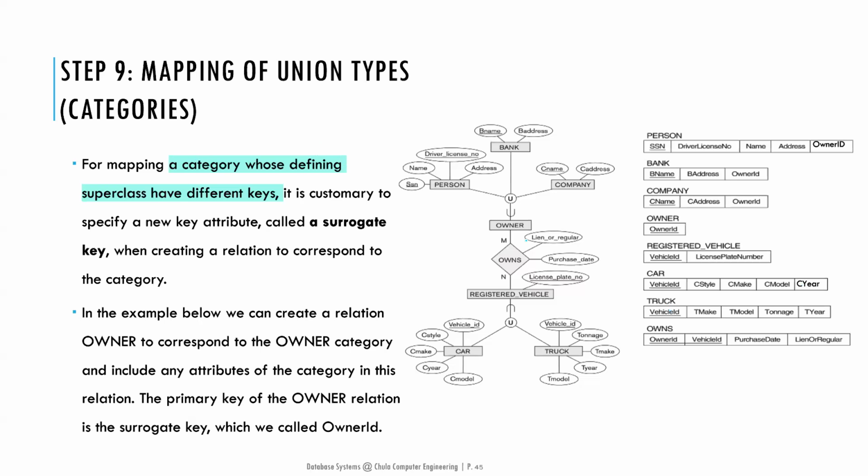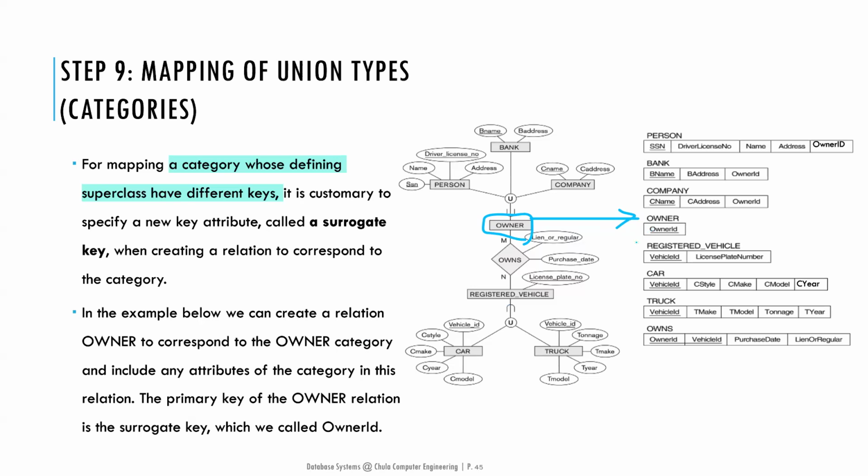So we have the owner here. What we do is we create a relation owner to correspond to the owner category here, and then we include any attributes of the category in this relation. The primary key of the owner relation is the surrogate key, which we call owner ID.